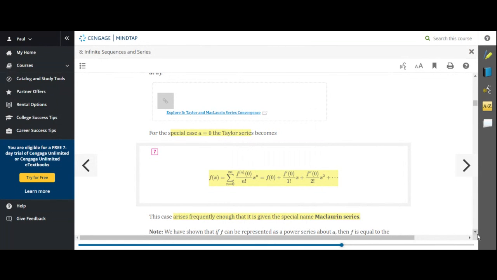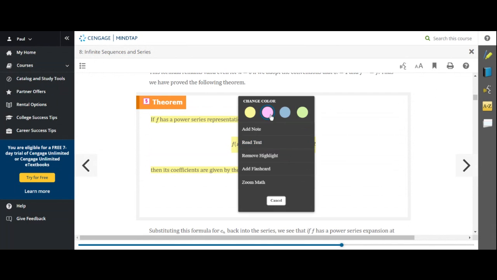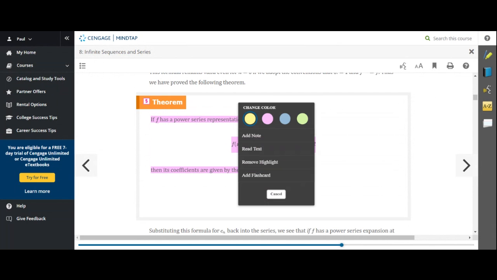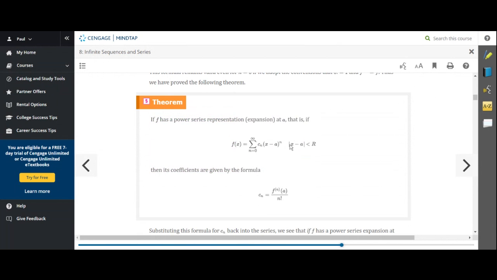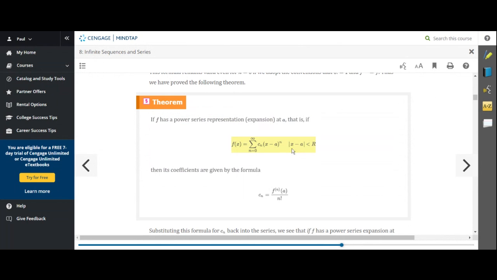Now I want to caution you that the function will equal its power series only over an interval of convergence. That's why up here, when you first learned about the Taylor series, they have this piece of information right here: the absolute value of x minus a is less than r, which is your radius of convergence.